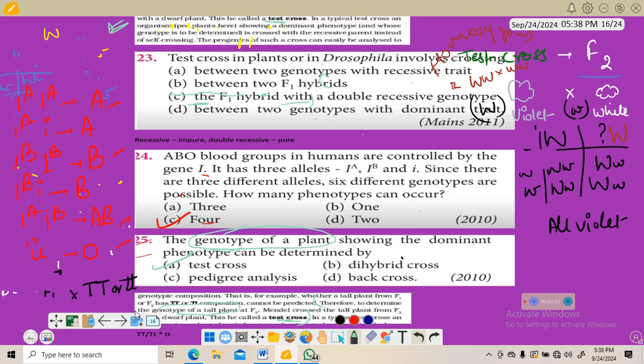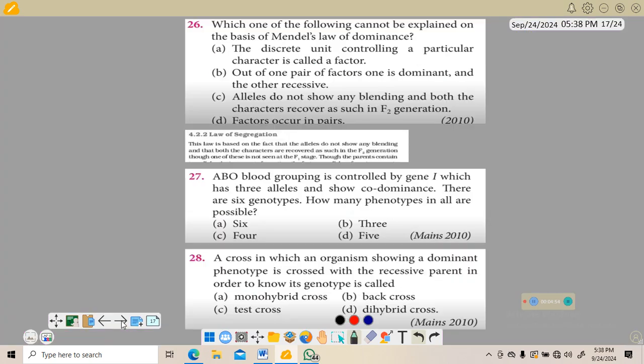Okay, next question. Which one of the following cannot be explained on the basis of Mendel's law of dominance? Cannot be. The discrete unit controlling a particular character is called a factor.